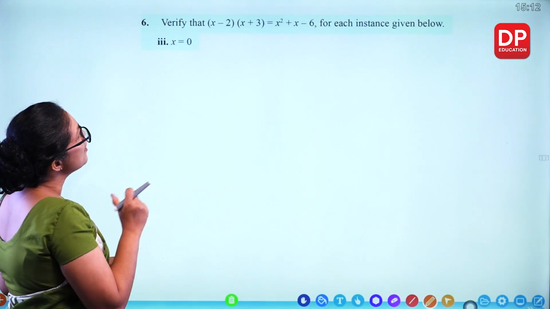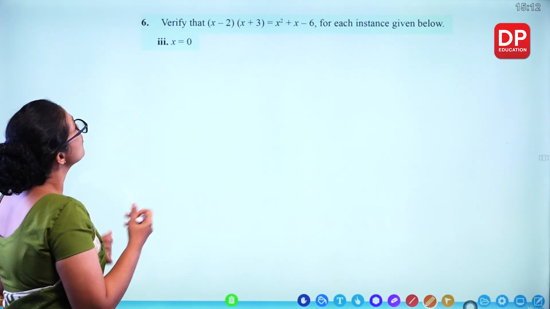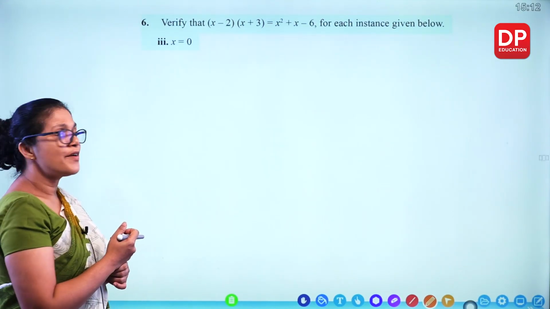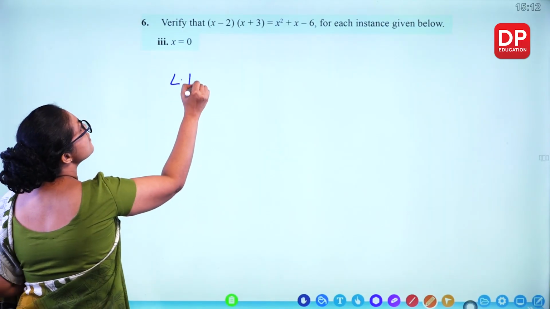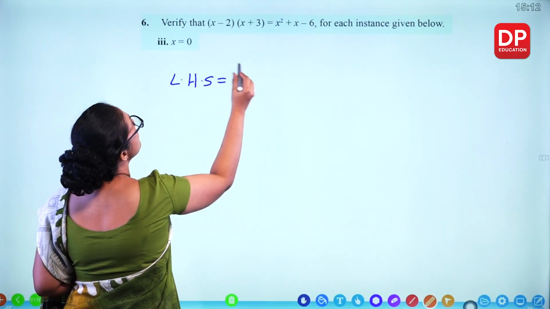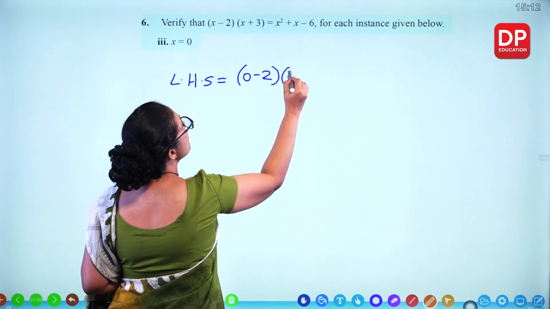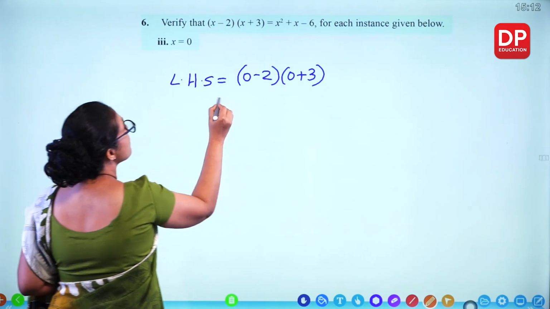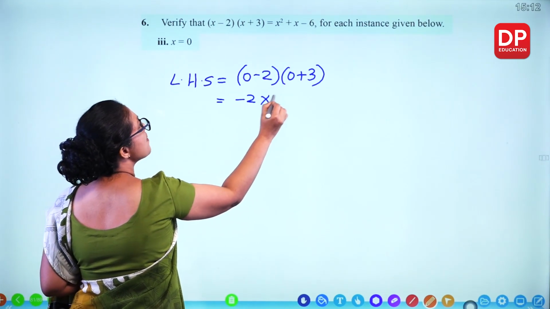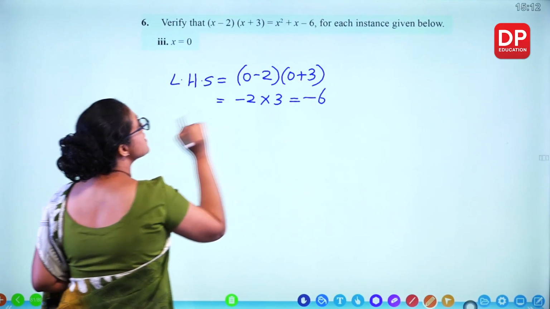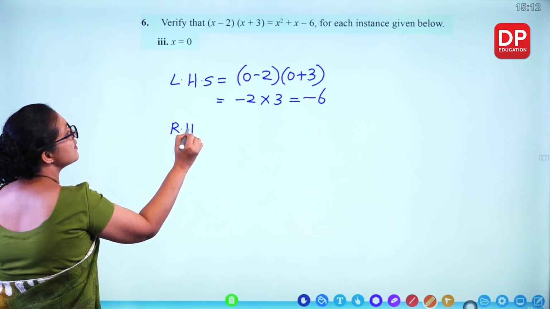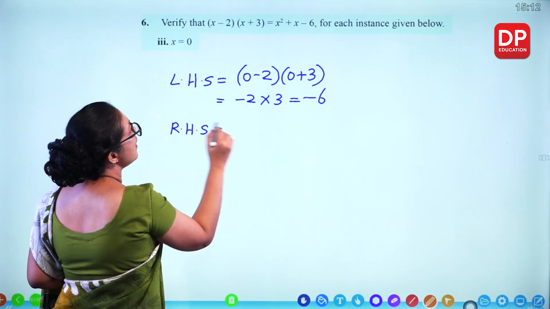Question number 6. Verify that this statement for each instance given below. So this is the third part. X equals 0. Take left hand side. X is 0. Substitute 0 minus 2, 0 plus 3. You get minus 2 times 3, minus 6. Right hand side, x squared.